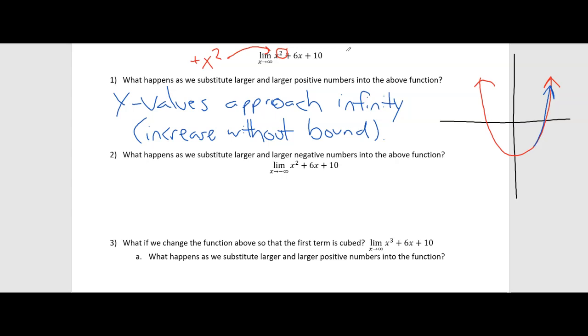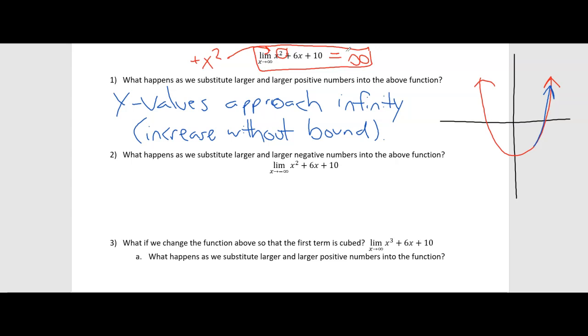If the function has a negative sign in front of the leading term, then we would have to think about it a little differently, and we'll do an example of that in a second. But the answer to this would be positive infinity. The y values are getting larger and larger without bound as the x values get larger and larger.